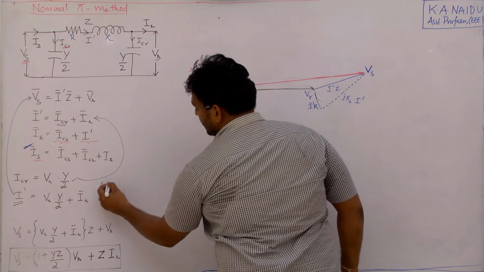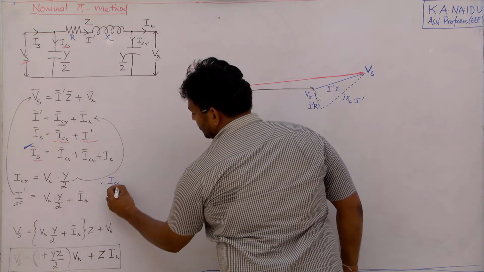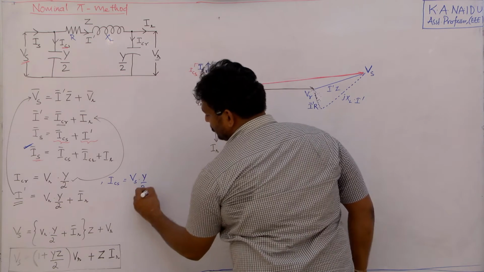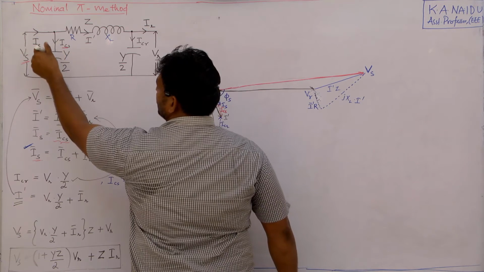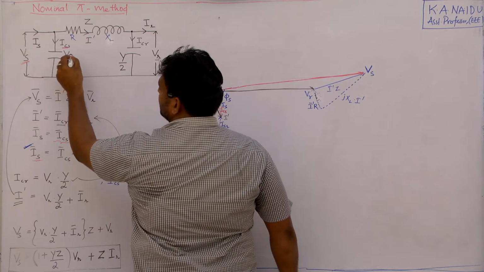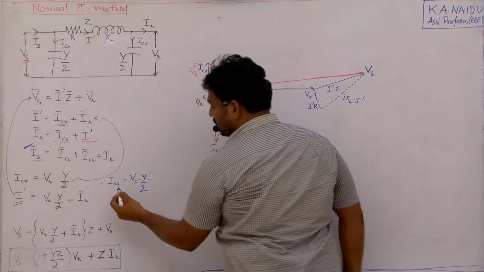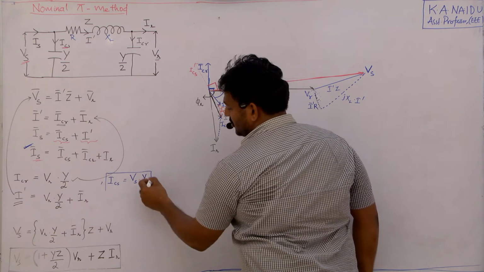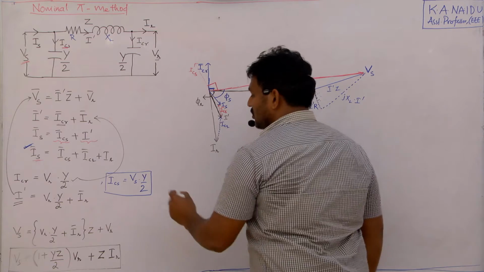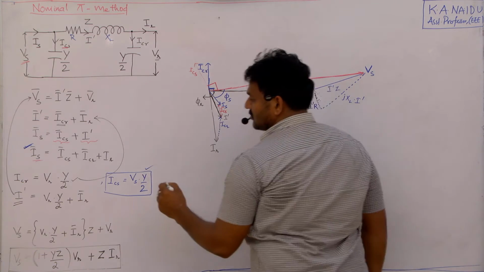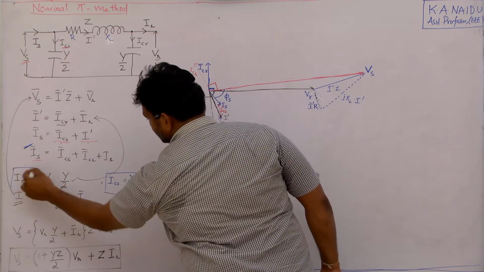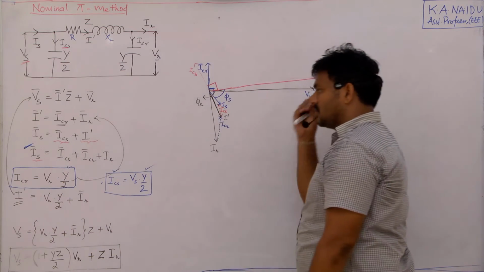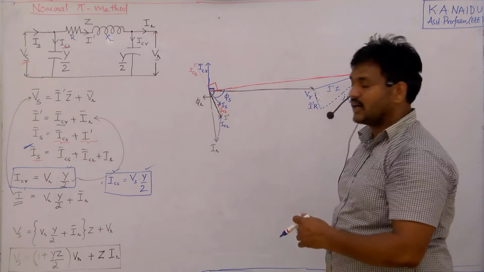So ICS can be written as Vs into Y by 2, because ICS is the current flowing through this capacitor having an admittance Y by 2. Therefore current is equal to voltage into admittance for a capacitor. Therefore you substitute these two here, you will get the equation of Is.